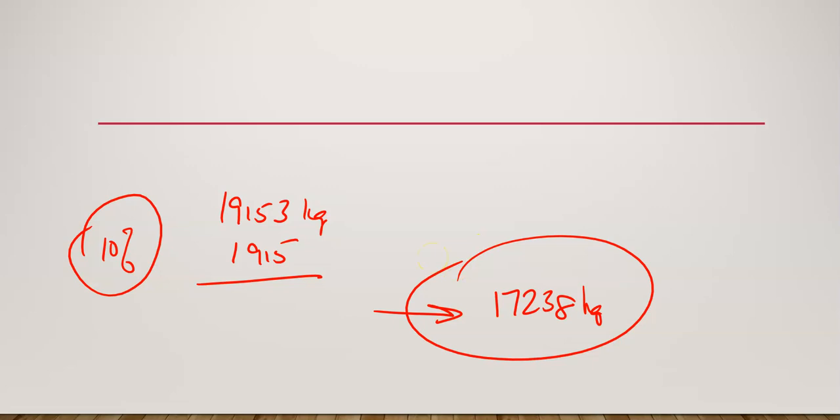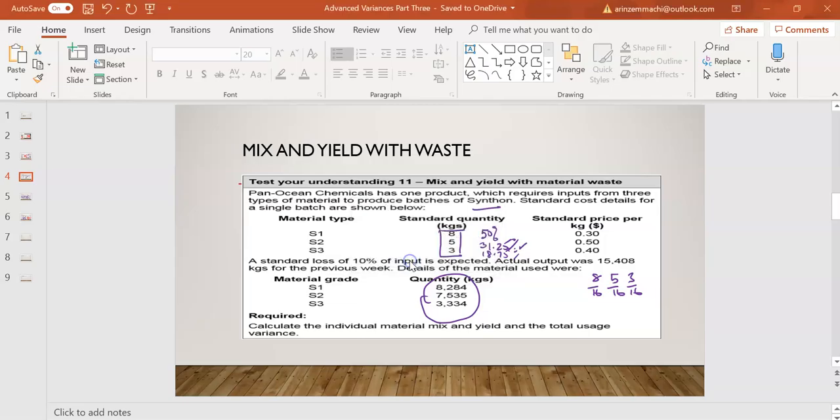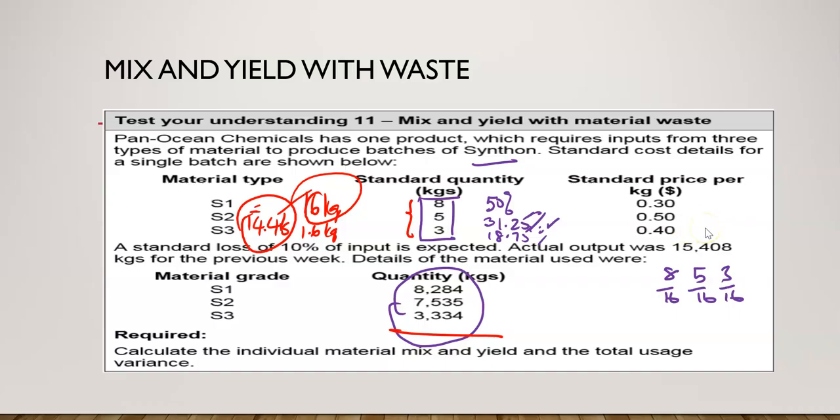So the question here is what came out. Let's look at what came out. Let me go back to the question. We're told that 15,408 came out. Actual output was 15,408.